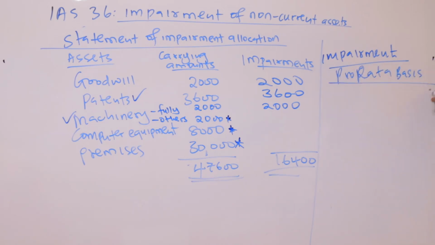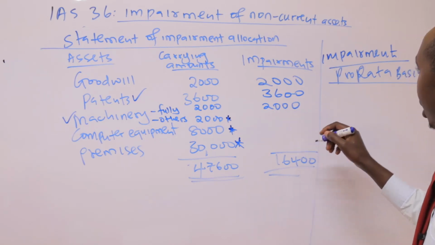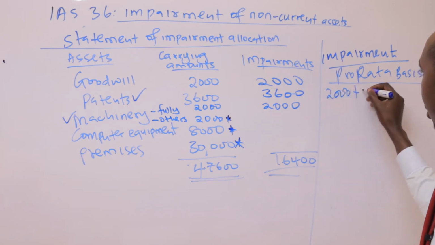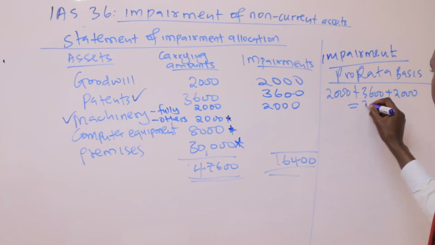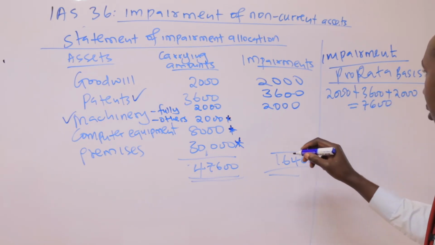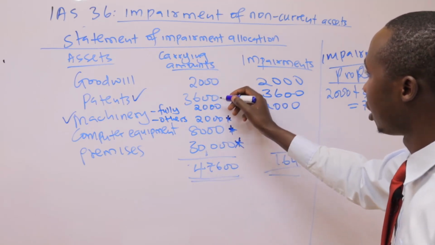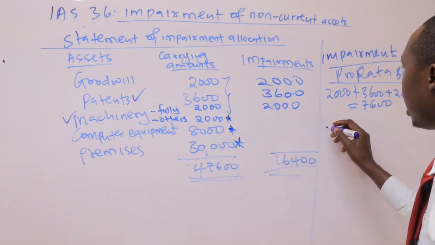So meaning that if you take the total value of the impairment which we have already allocated, that is 2,000 plus 3,600 plus 2,000, that is 7,600. The same way, the carrying amounts of the three assets total to 7,600.